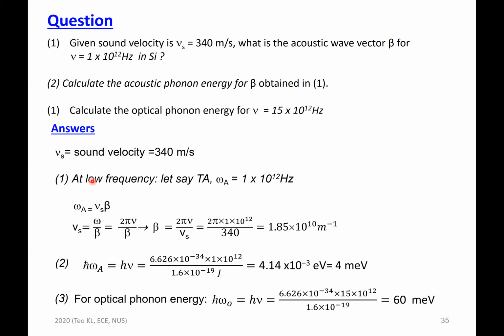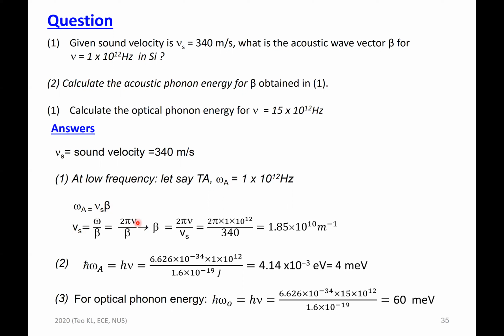So at low frequency, which is about 1 times 10 to the power of 12 Hertz in silicon, which is your transverse acoustic phonon, omega A is given to you as 1 times 10 to the power of 12 Hertz. Omega is velocity times beta. So the velocity is equal to omega over beta.